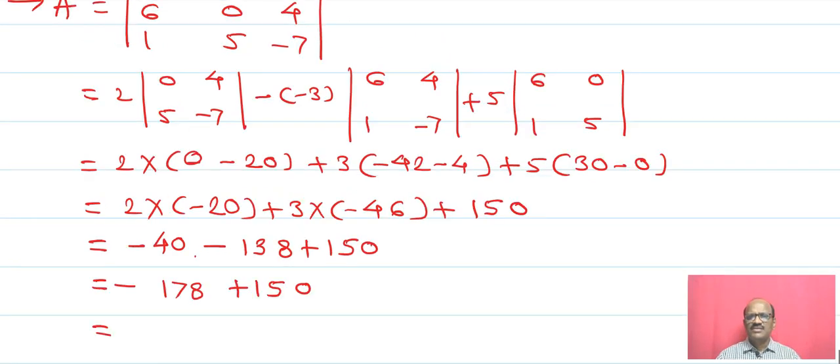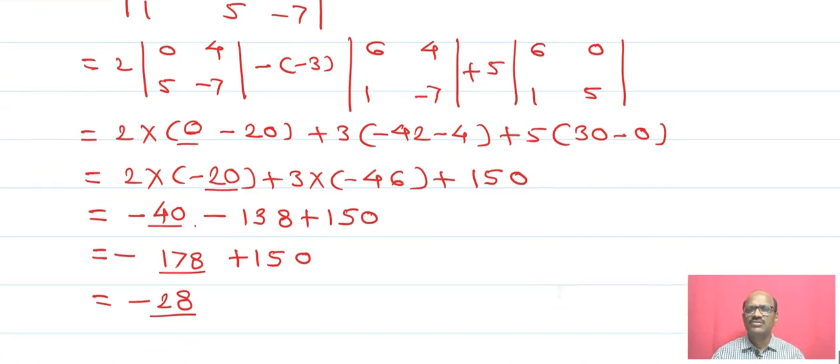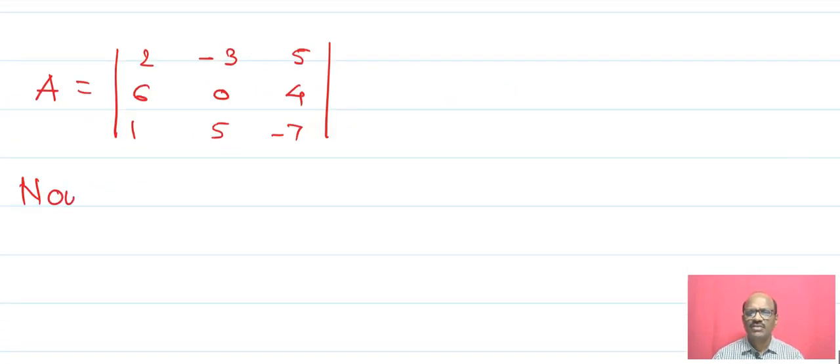You see, I have corrected that mistake, 7 into 0 is 0, and overall you are getting 40.